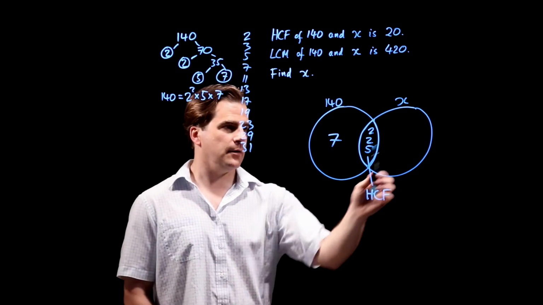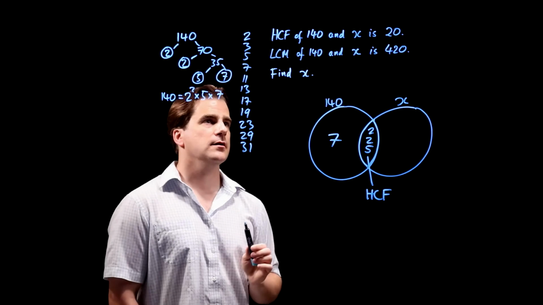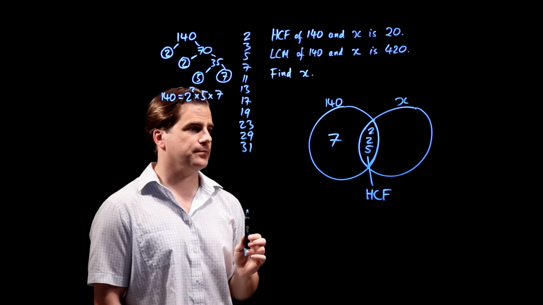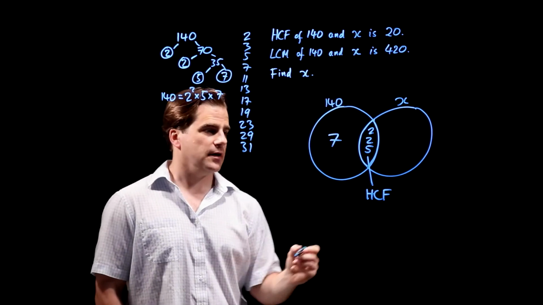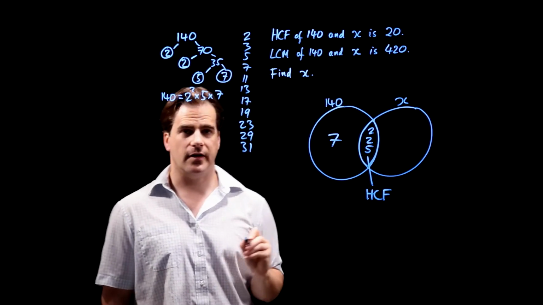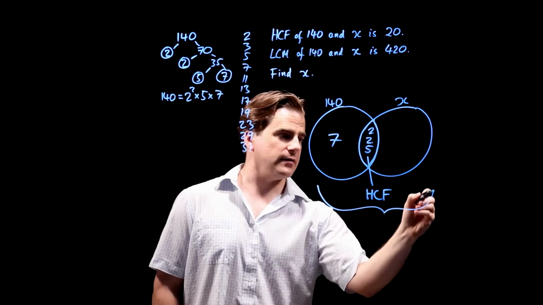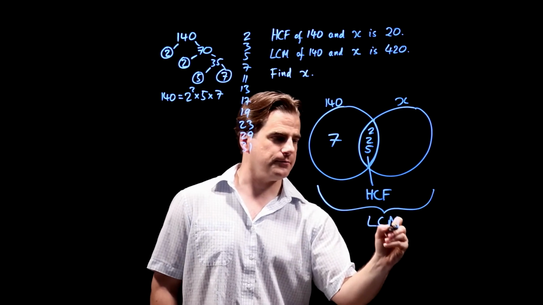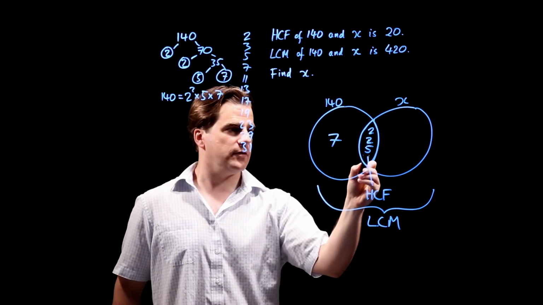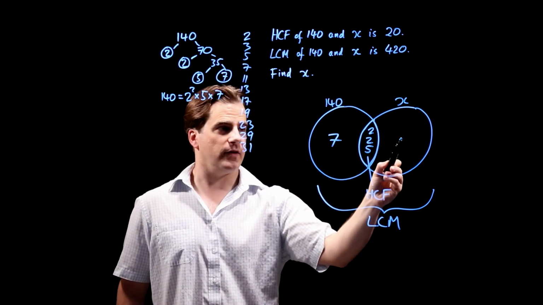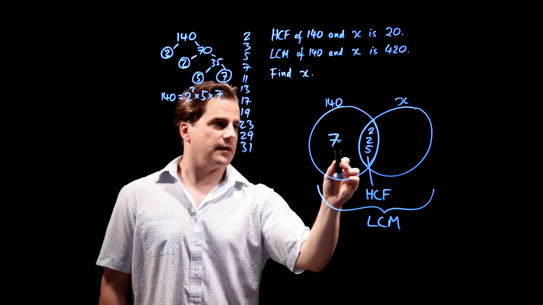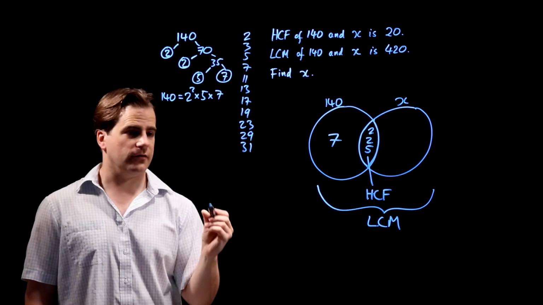Now we need to work out what goes here. We know that the lowest common multiple of 140 and x is 420. The lowest common multiple is all the numbers in there times all the numbers in there times all the numbers in there. So the whole thing is the lowest common multiple. Therefore 7 times 2 times 2 times 5 times something must equal 420. But 7 times 2 times 2 times 5 is 140.